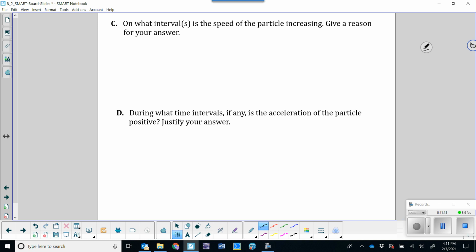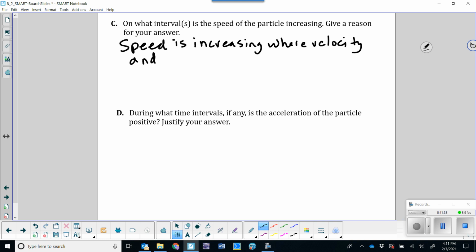So speed is increasing where velocity and acceleration, which I'm going to say slope of velocity, just to be very clear, have the same sign.